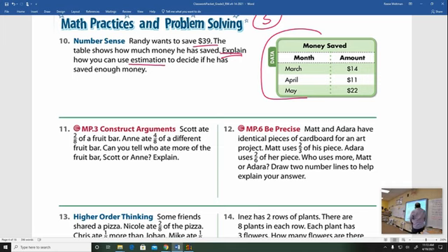Let's take a look. First of all, he wants to save $39. In March, he saved 14. In April, he saved 11. In May, he saved 22. What is my operation that I need to use here first? Wilkins. What's that called? Addition. That's correct.